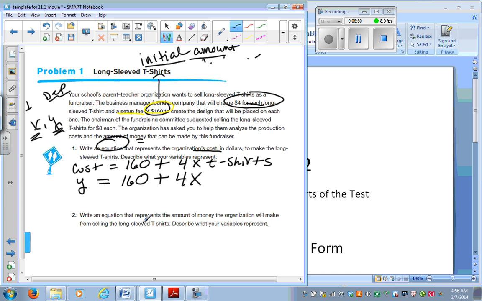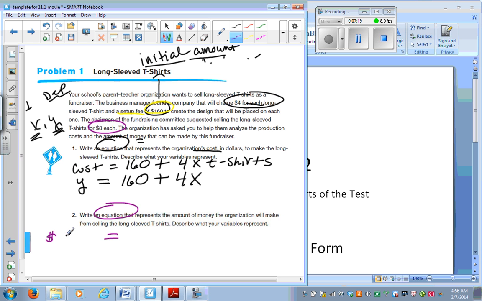Now this says write an equation that represents the amount of money the organization will make from selling the long sleeve t-shirts. So I'm going to go back to my situation here and change my ink color. The chairman of the fundraising committee suggested selling the long sleeve t-shirts for $8 each. Again, I want an equation, so I want an equal sign, that represents the total amount of money the organization will make.